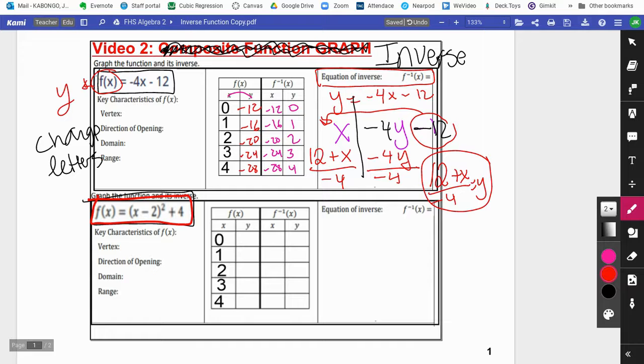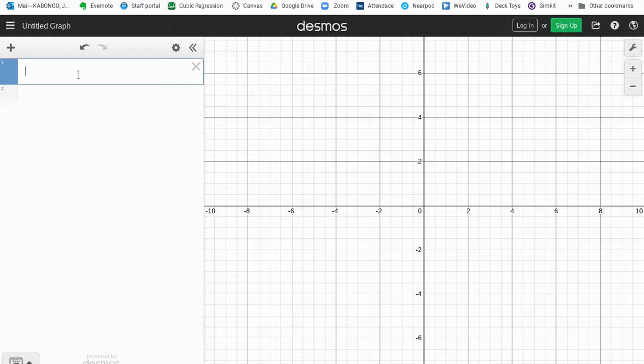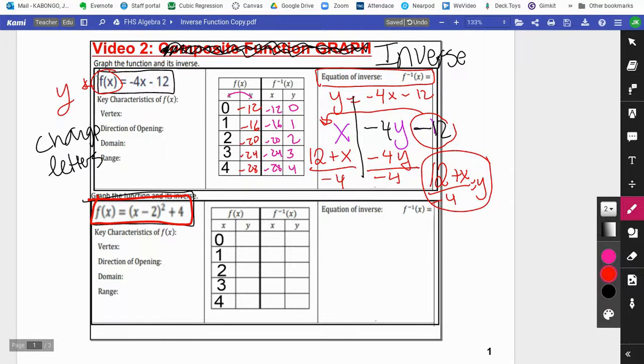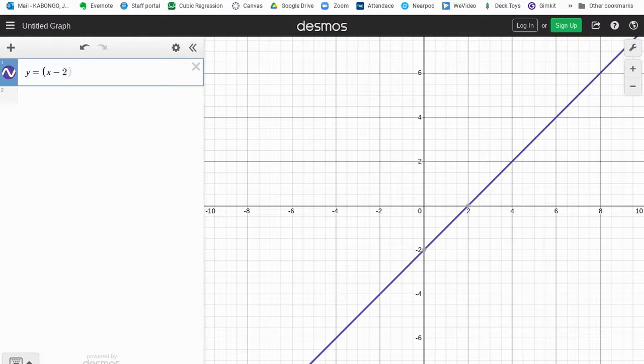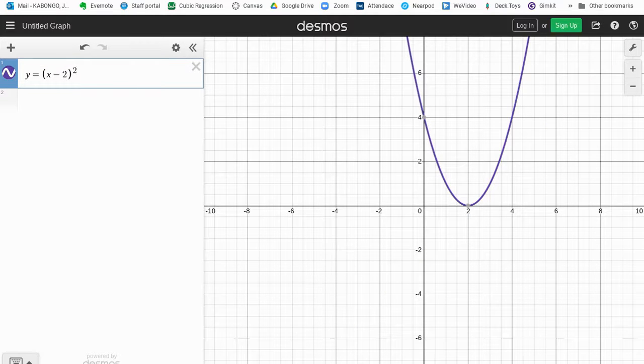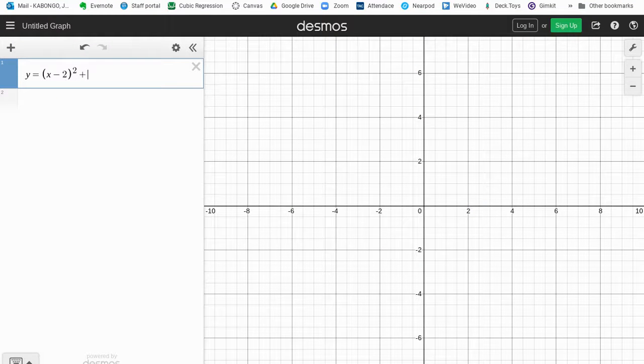So you need to go to Desmos and put that in your calculator. x, y equals, open parentheses, x minus 2, close the parentheses, raise that to the second power, plus 4.